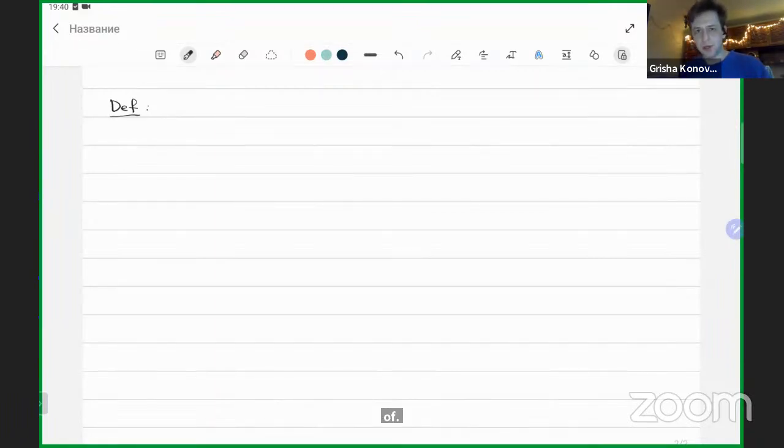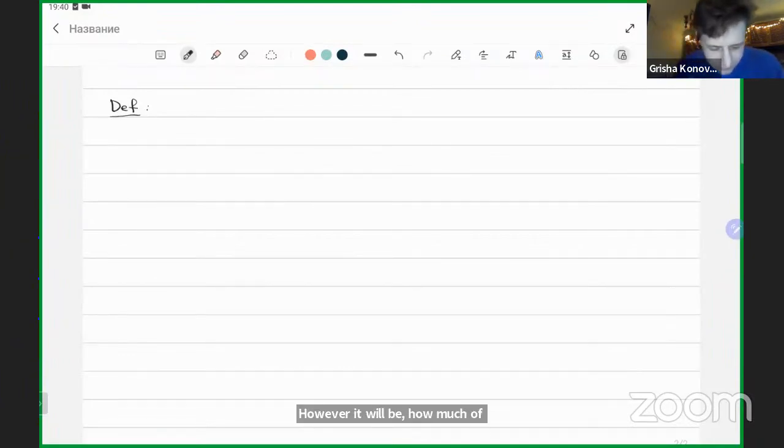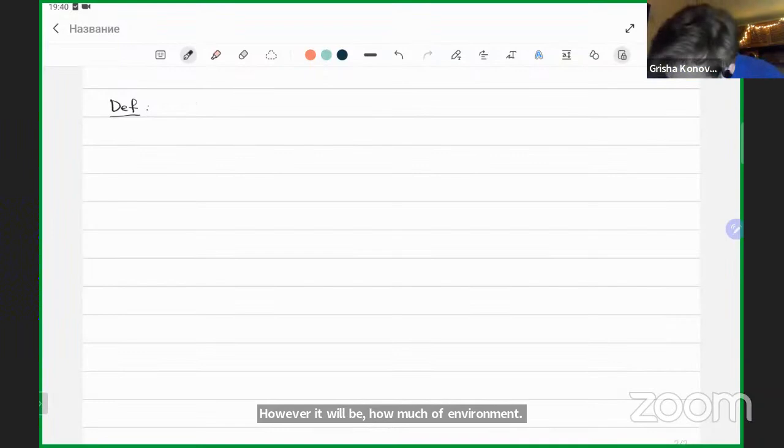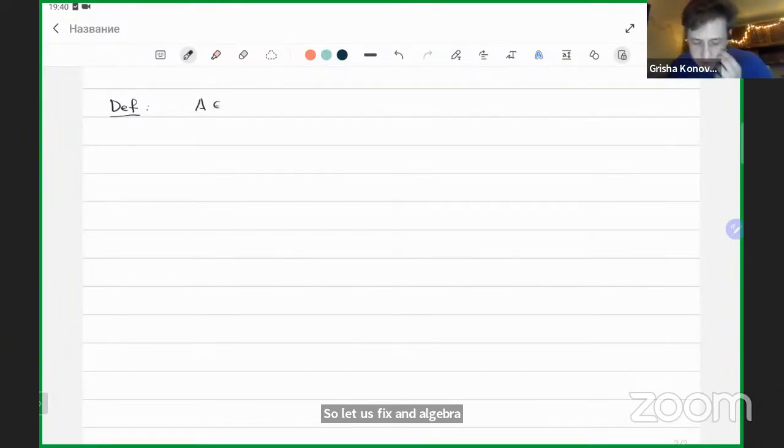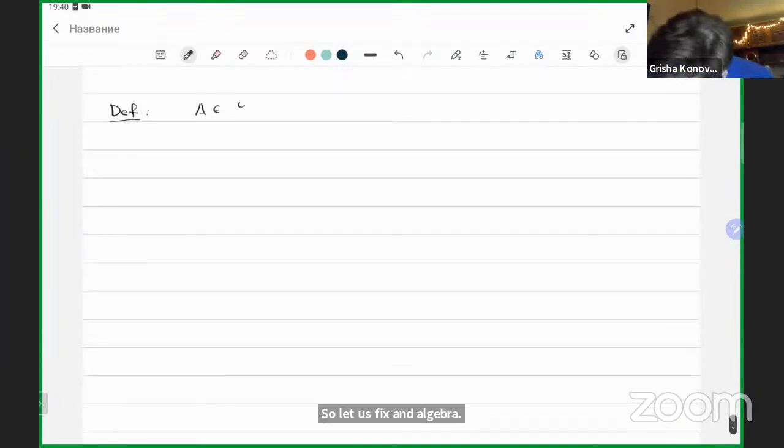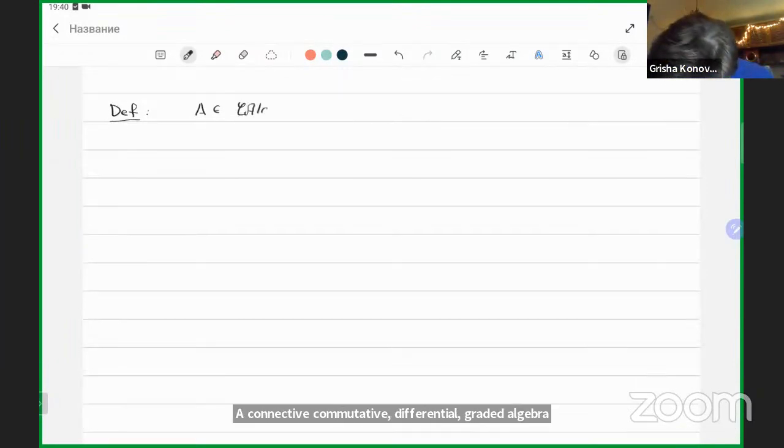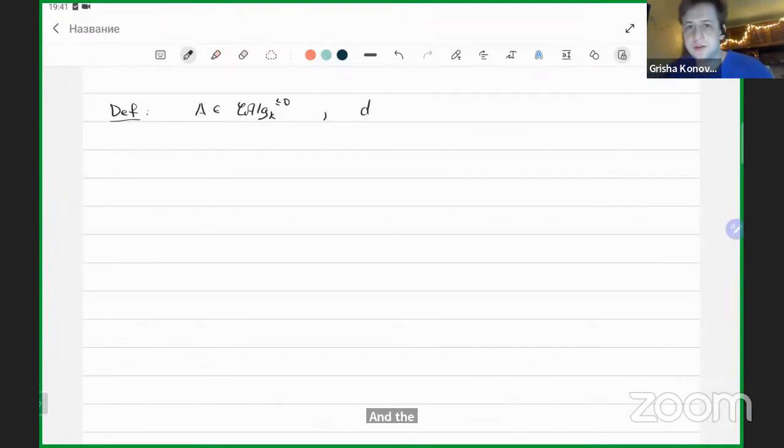However, it will be homotopy invariant. So let us fix an algebra, a connective, commutative, differential graded algebra, and let us define a functor of derivations.